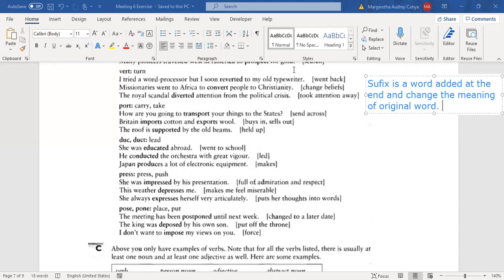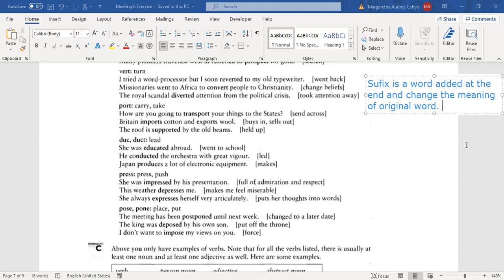Suffix itu word yang ditambahin di belakang suatu kata dan dia akan merubah juga artinya. Ini artinya sebenarnya lead, duct-nya. Tapi karena jadi educated, ditambahin suffix ini berubah artinya.